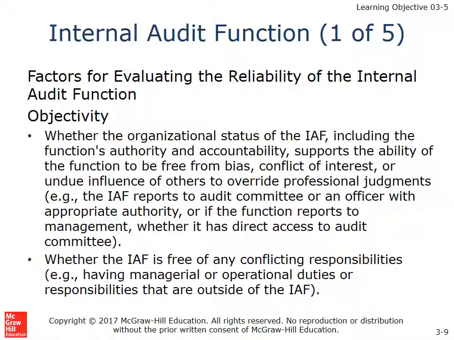So if those things are present, we can't rely on it. But if we feel those things are not present, the independent auditor can rely on some of those functions or tasks internal audit did.